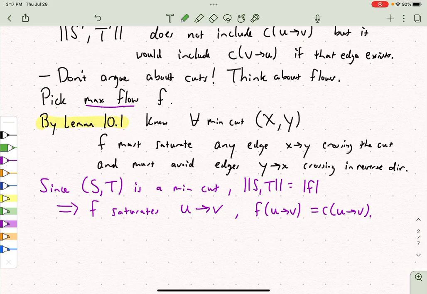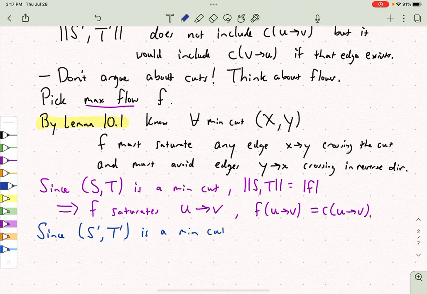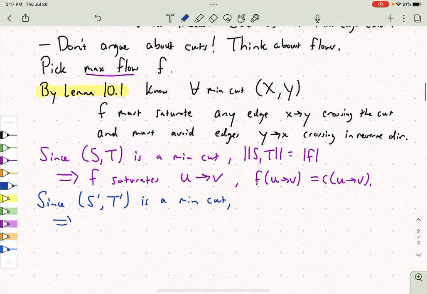On the other hand, since S prime T prime is a min cut, it must be the case that F avoids U to V. So F of U to V equals 0.